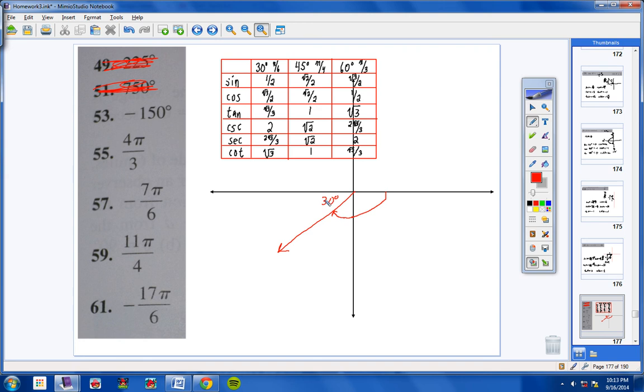So if I'm going to find the sine, cosine, and tangent of negative 150, that's the exact same thing as finding the sine, cosine, and tangent of 30, as long as I remember the sign sequence over here is negative, negative, positive. And so here we go.